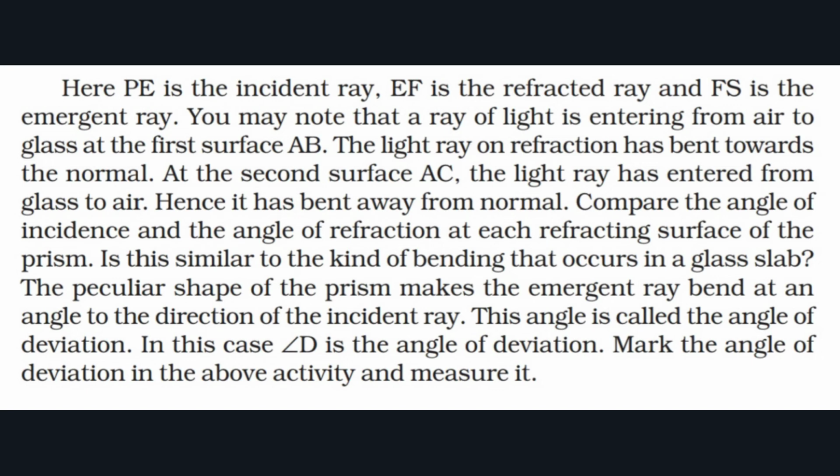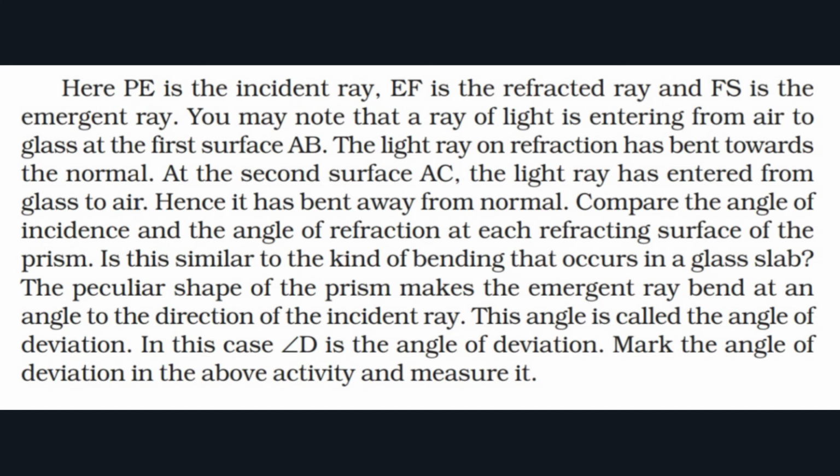At the second surface AC, the light ray has entered from glass to air. After refraction, the emergent ray goes from the glass medium to the air medium. Hence it has bent away from the normal.